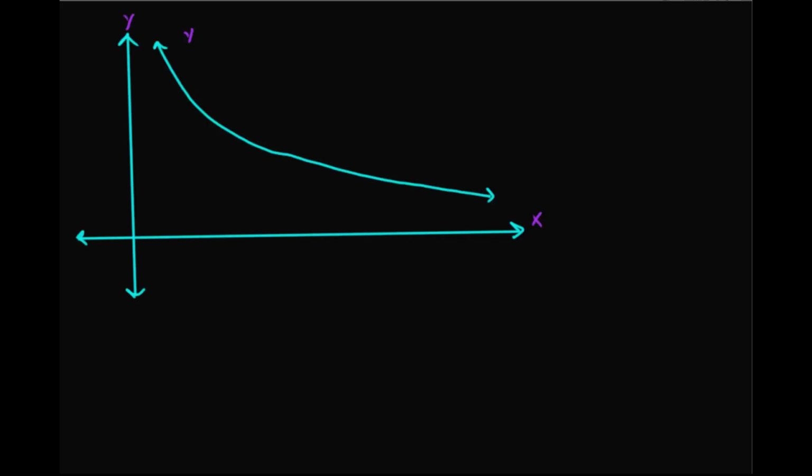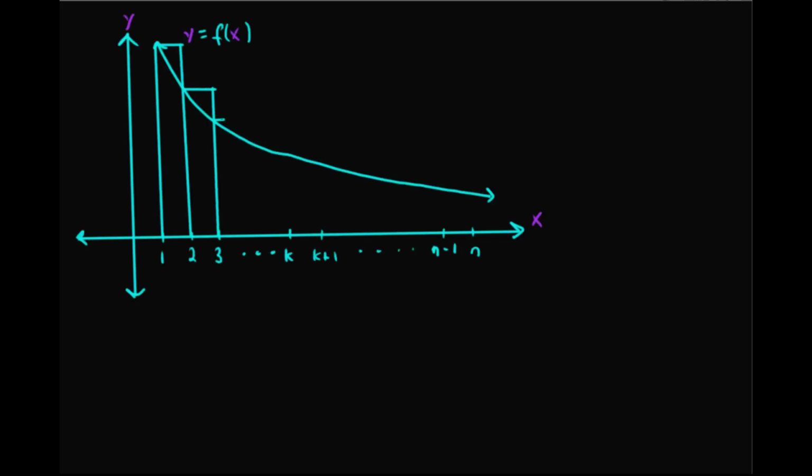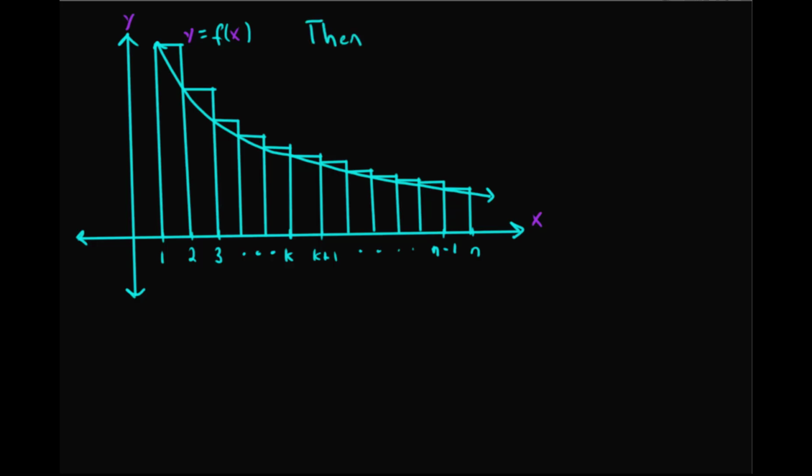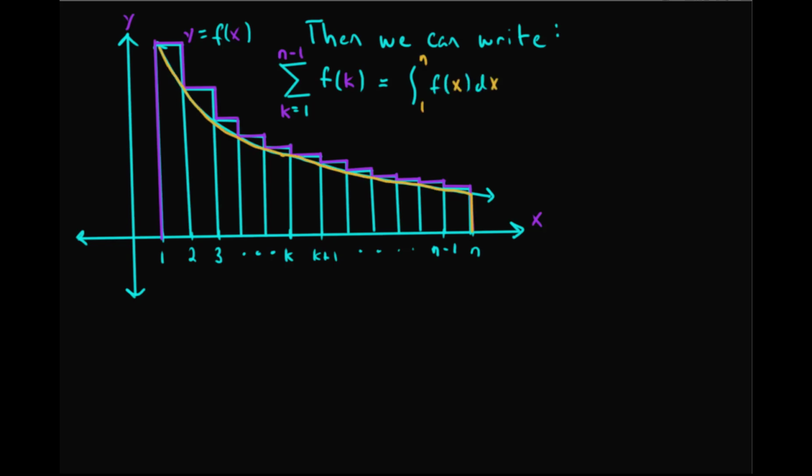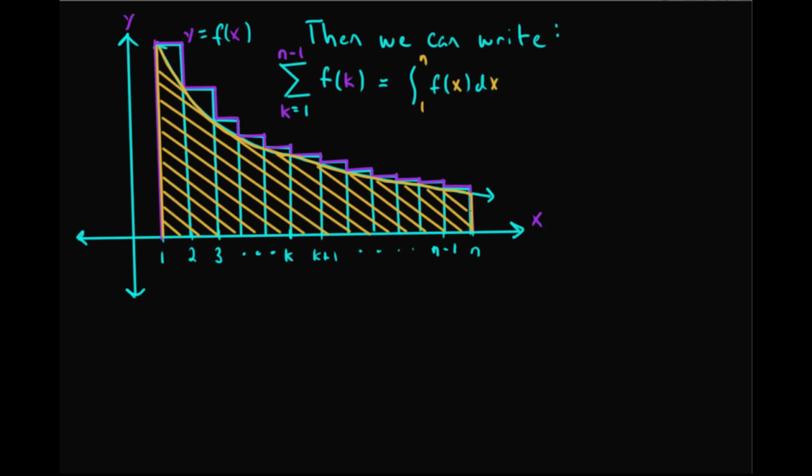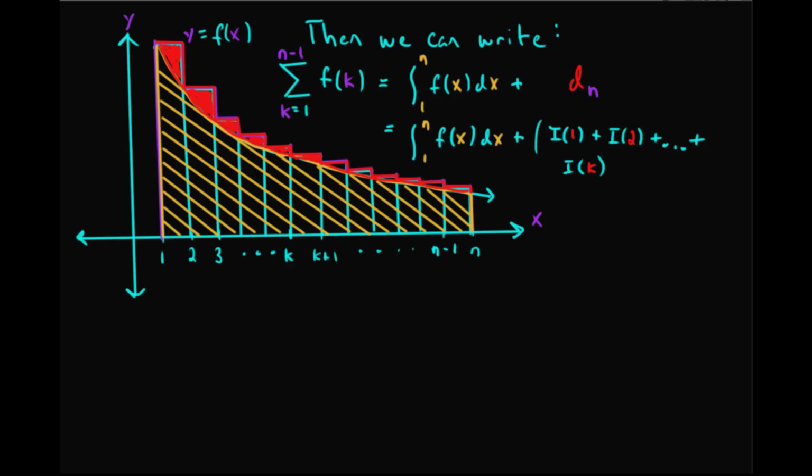And with that notation in mind, we can return to our big picture, where we have the formula that the sum of the values of f of k from k equals 1 to k equals n minus 1 is equal to the integral from 1 to n of f of x dx plus d sub n. But now with our new terminology for the individual pieces of d sub n, we can write that this sum equals the integral plus I of 1 plus I of 2 plus dot dot dot plus I of k plus dot dot dot plus I of n minus 1.